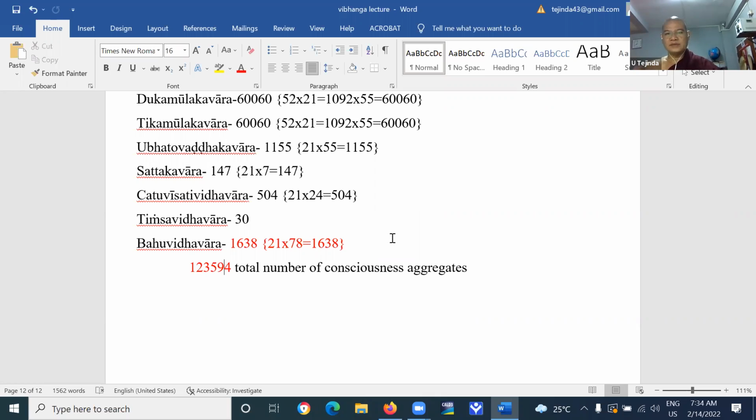We have to sum up those 6. So instead of 7 for each sampasa, we have 13. That's why the number here is not 48. Instead of 48, we have 78. Then the total number will also be different.